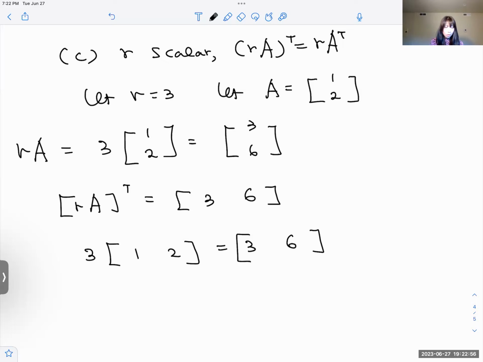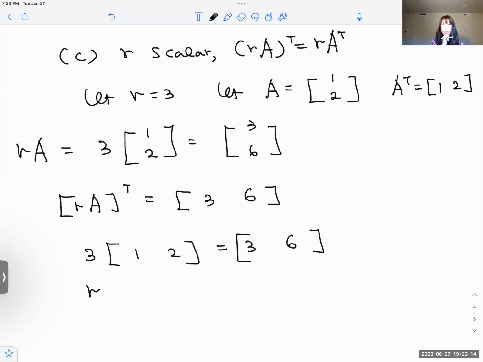That is r, and this is the transpose, let me denote it this way.